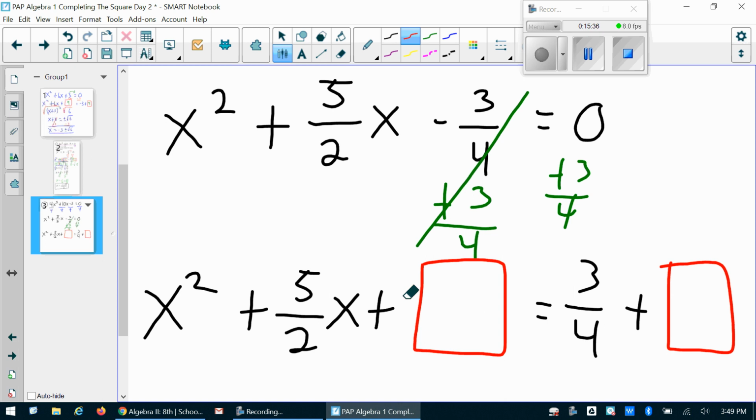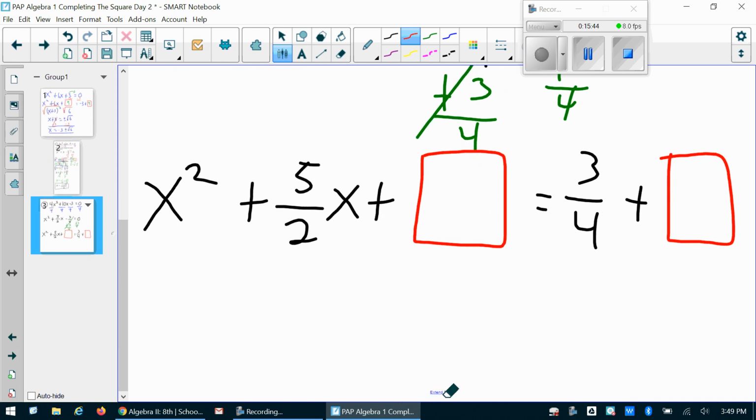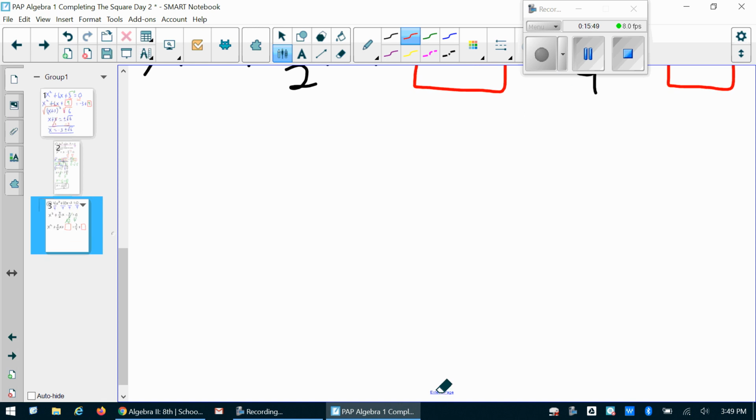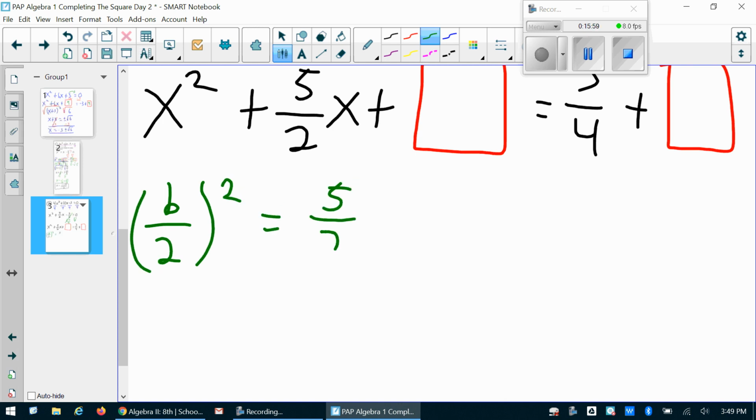B is 5 over 2, and this is another instance where I have a new challenging issue, and it's that B is a fraction. We've never had B be a fraction. So when I do this work, I have B over 2 squared, that's our general formula that we have to have memorized, and B is 5 over 2. And it's all being squared.